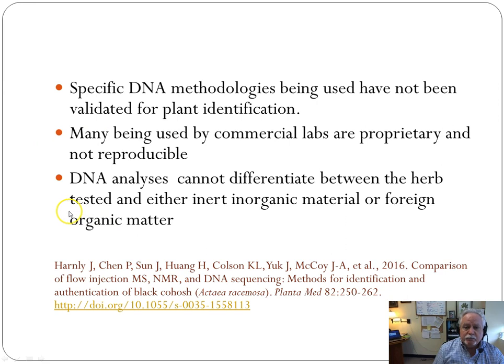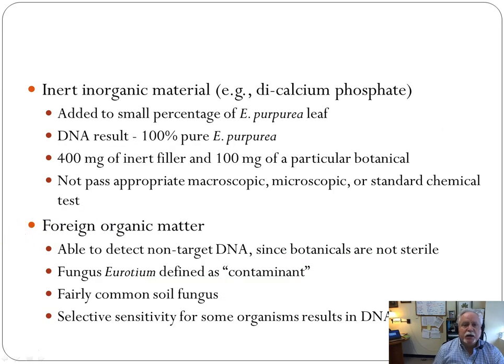And the other thing that DNA has a hard time doing is it can't differentiate between the herb tested and either inorganic material that's been added or foreign organic material. So let's just take a look at that. Here you have dicalcium phosphate, which you often find as a filler. It was added to a small percentage of E. purpurea leaf, powdered, and the DNA results said that it was 100% purpurea because it can't differentiate the presence of the dicalcium phosphate.